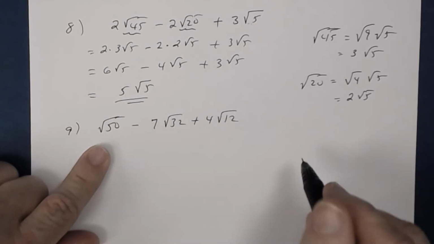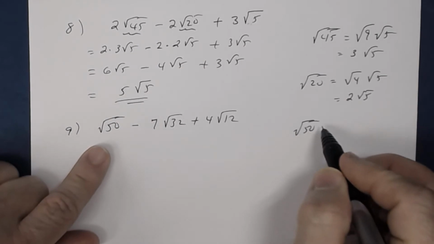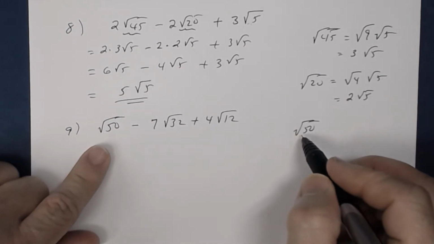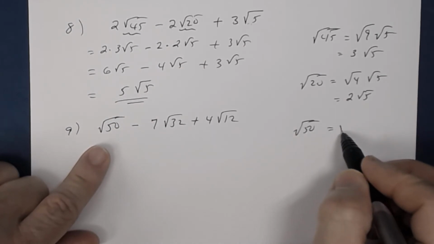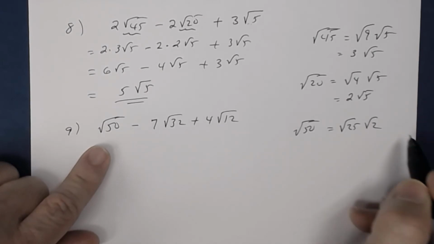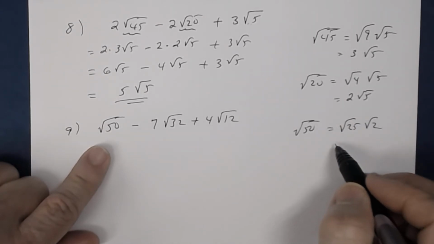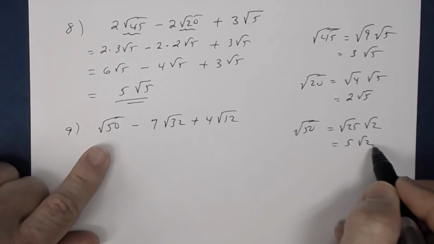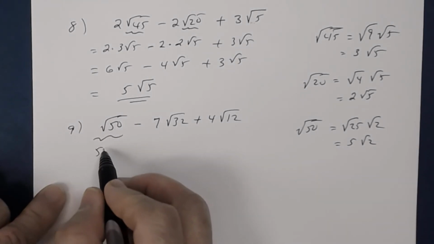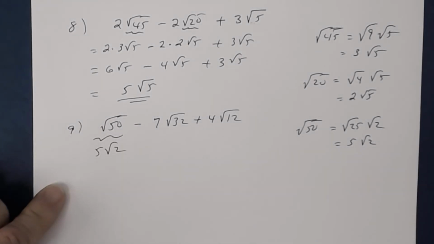So let's look at the square root of 50. What's the largest perfect square that goes into 50? All right, 25. So it'll be the square root of 25 times the square root of 2. What's the square root of 25? Okay, 5, so you get 5 square root of 2. So that's this. So this is 5 square root of 2, right?